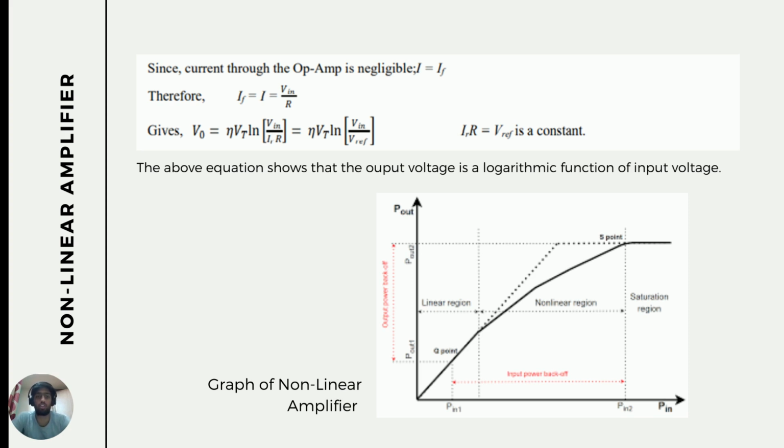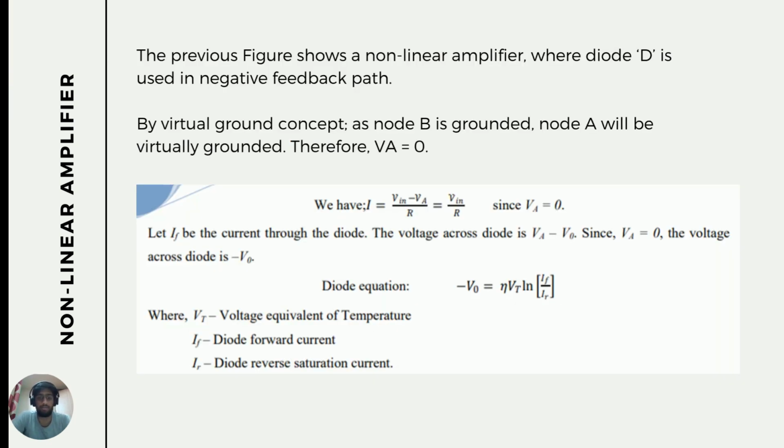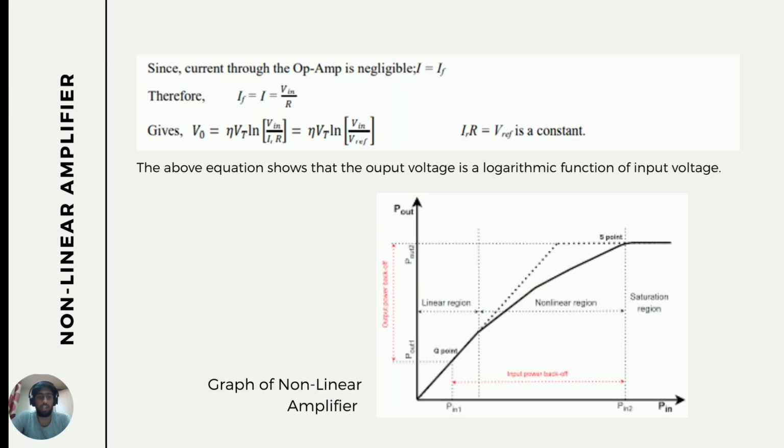So the output voltage is V naught equals nu VT ln V input by V reference. The above equation shows that the output voltage is logarithmic of input voltage.